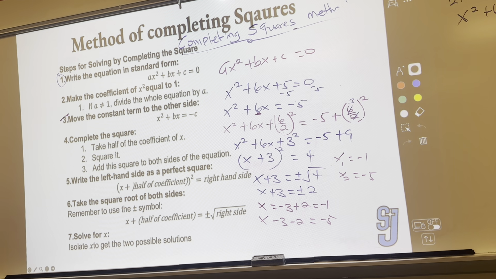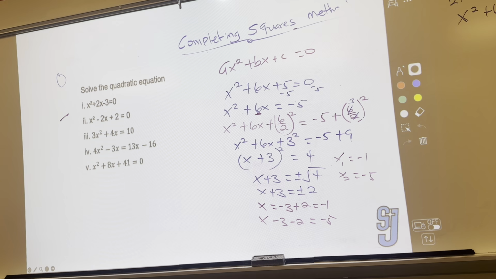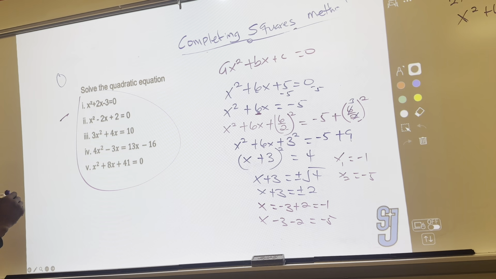I think by now everyone should be able to solve quadratic equations using the method of completing the square. And so I want to say that you may go through these, write them, and work through them.